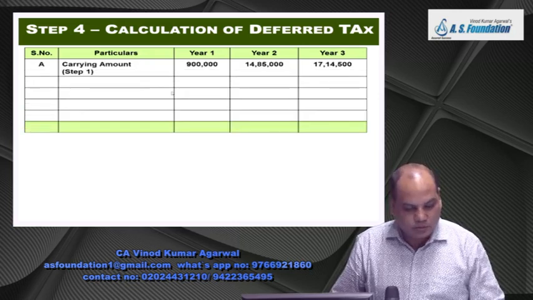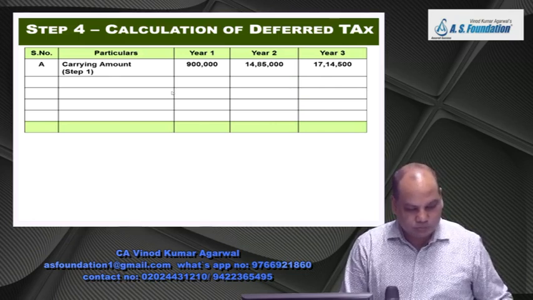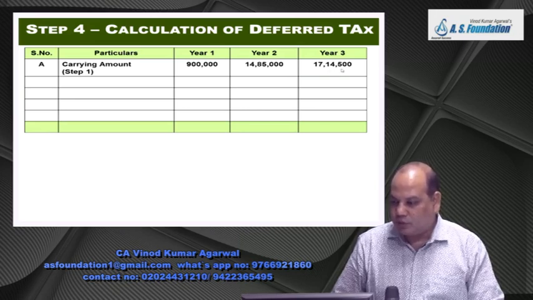First write down carrying amount. Nine lakh, 14,85,000, 17,14,500. Can you see these three numbers in first step PPE account? By balance carried down.